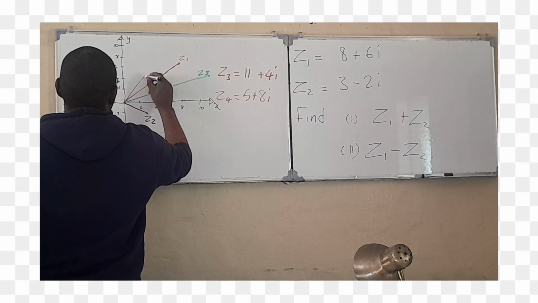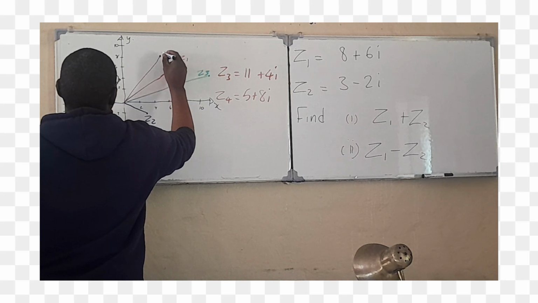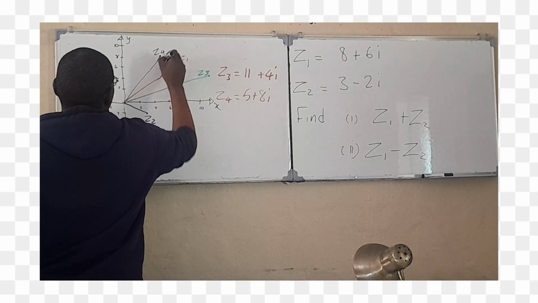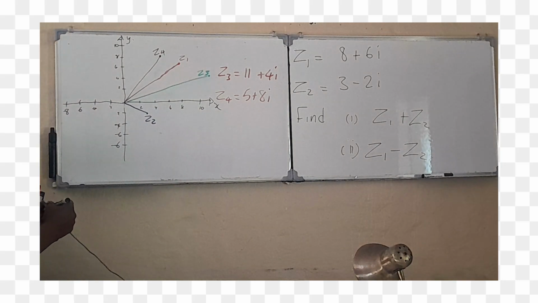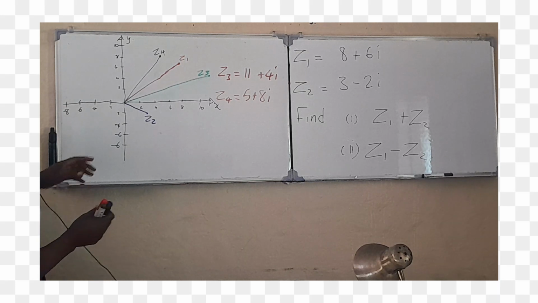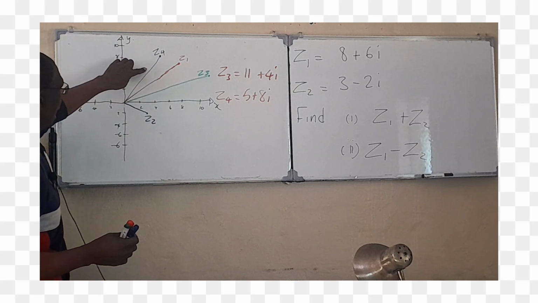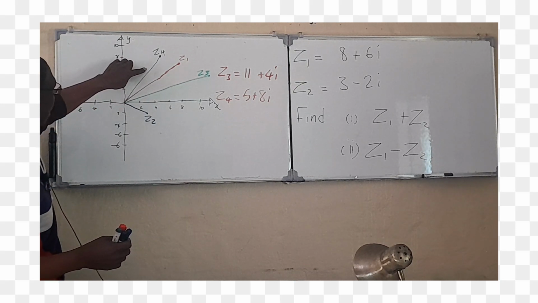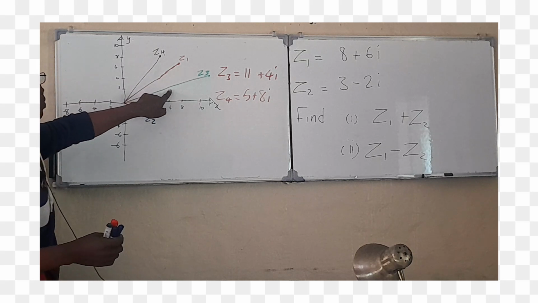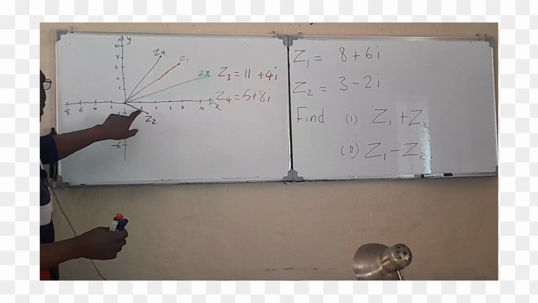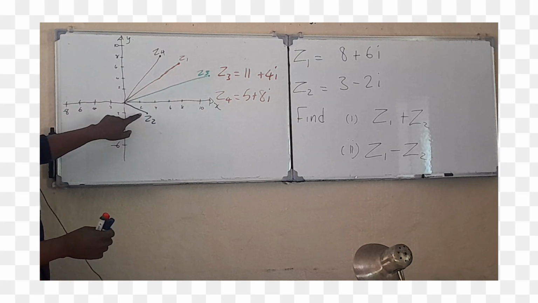So now this is my Z4. Okay, so those are the sum and difference of Z1 and Z2. Z1 minus Z2 gives us that. Z1 plus Z2 gives us the green one. This is Z1, this is Z2.